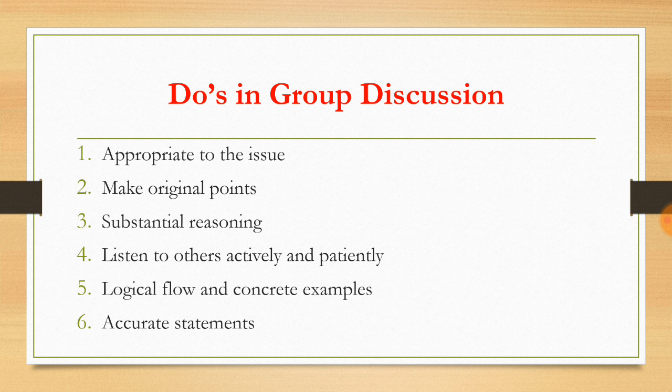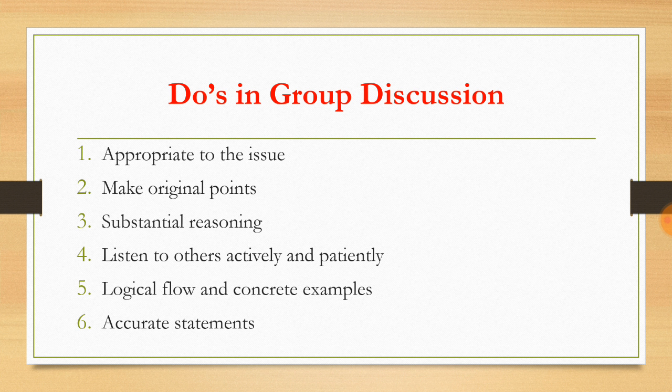And the most important is you should always be particular and put accurate statements. When you talk, you should be very brief and concise, but at the same time very accurate. Whatever you are expressing on the topic, you should have accurate statements. You should not speak in a vague manner.